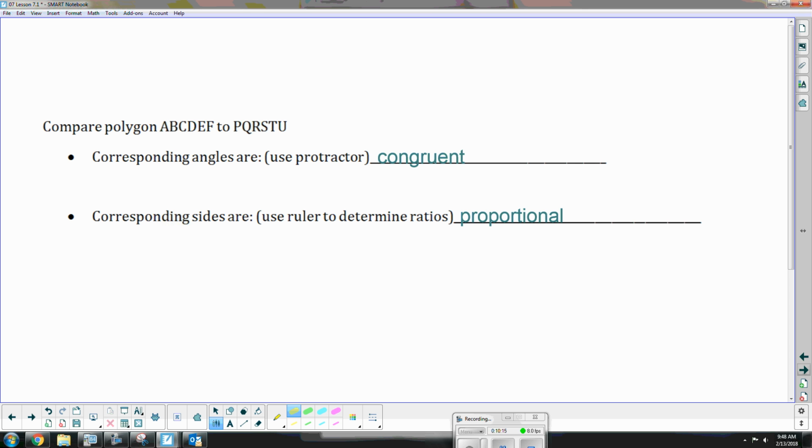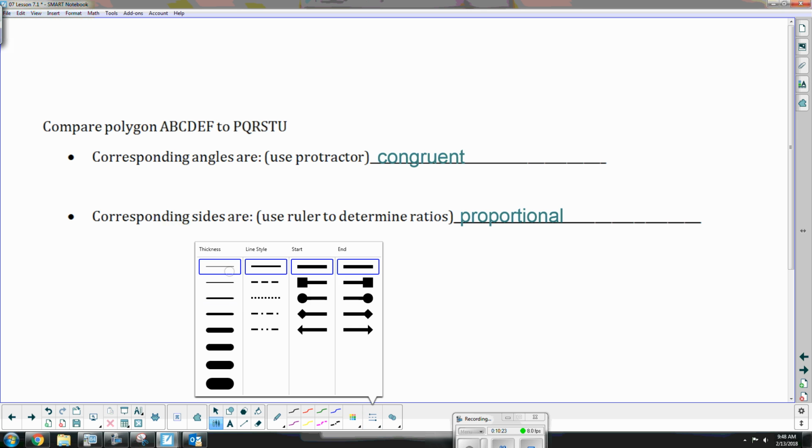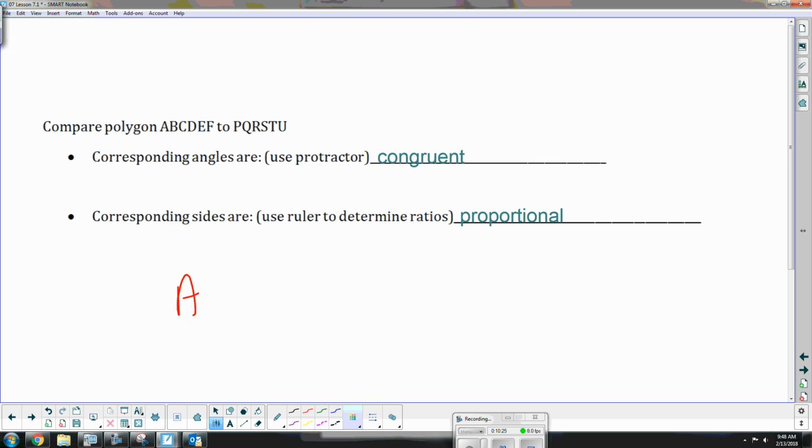So this means that polygon ABCDEF is similar to polygon PQRSTU.